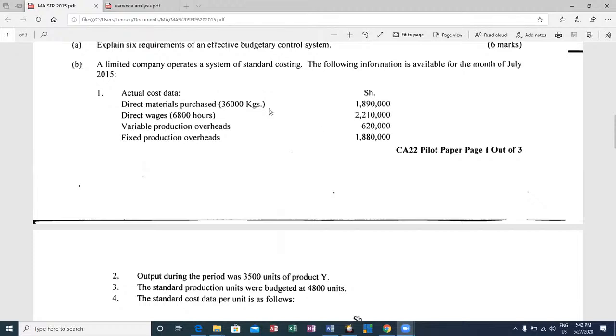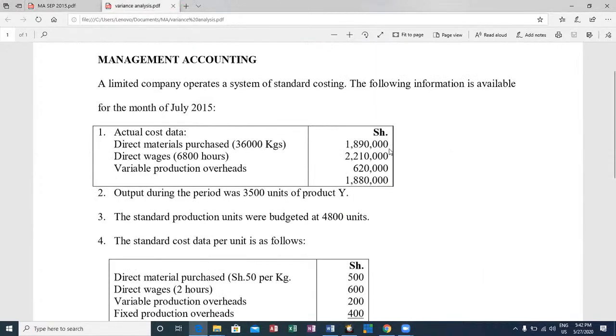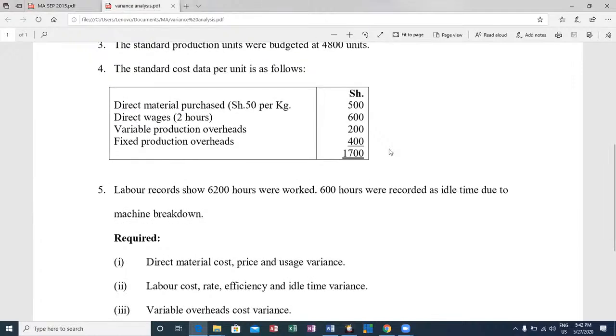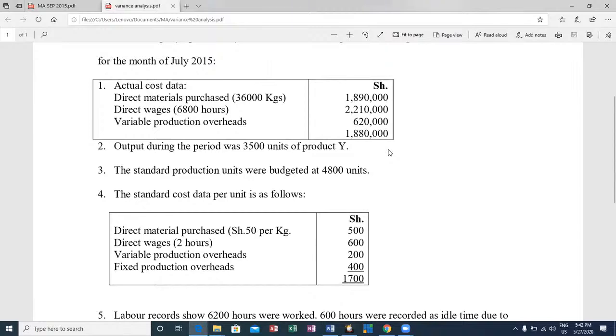So whatever we get, we have here 500 minus 525, times 3,600, which gives us 90,000 negative. So that is 90,000. You can't say negative 90,000.